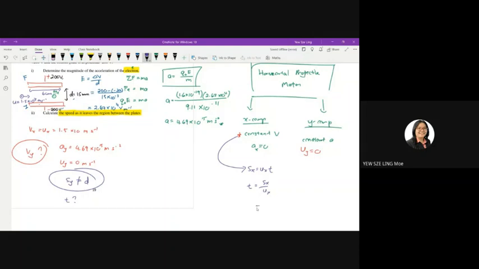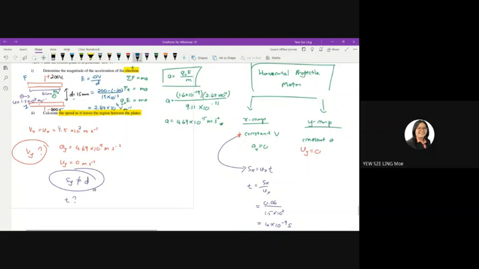So t = 0.06 divided by 1.5 times 10 to the power of 7. So the time taken is 4 times 10 to the power of negative 9 seconds. It's very fast, it's traveling at a very high speed.